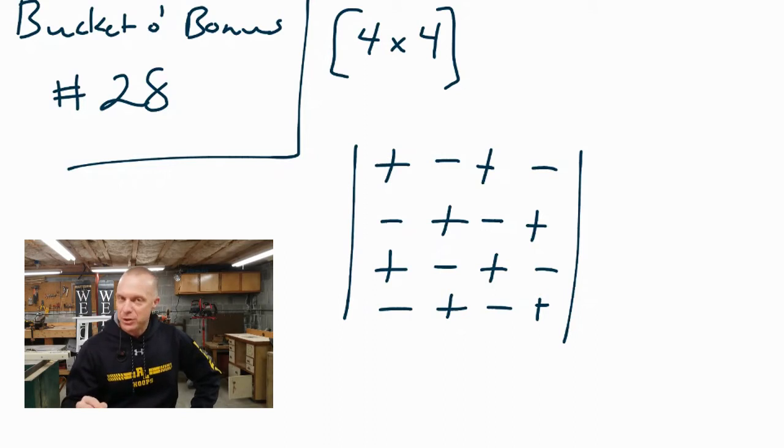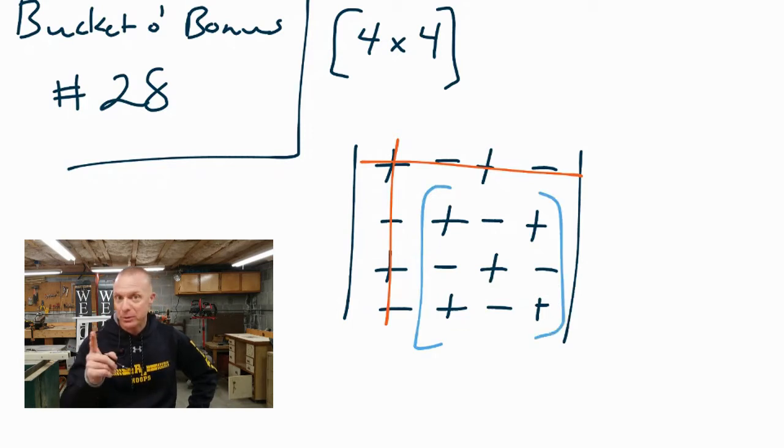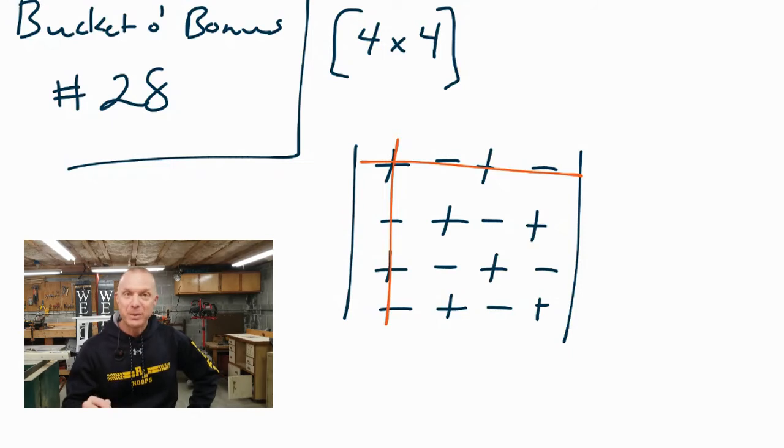And as you start to expand, maybe the first row, and you cover up that first row and column, what do you see? Yes, you see a 3 by 3 matrix. What will you do with that 3 by 3 matrix? Right, you'll have to find the determinant of it. How will you find the determinant of it? By doing another expansion, that's correct.